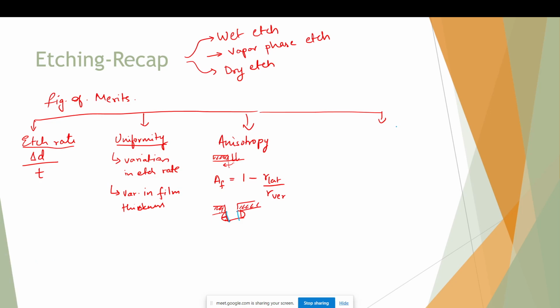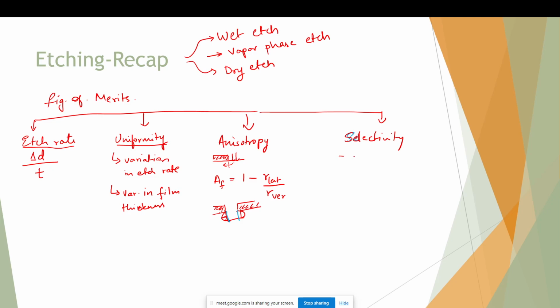Then there is selectivity. Selectivity tells how selective our etchant is to the photoresist, or how selective it is to the underlying layer.